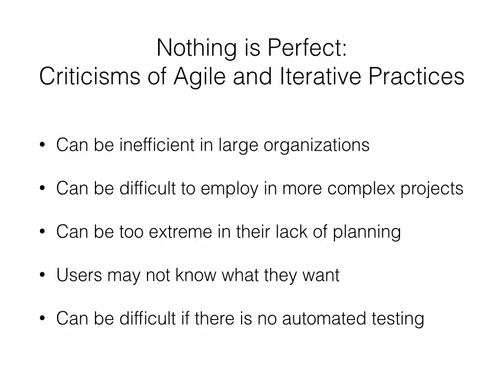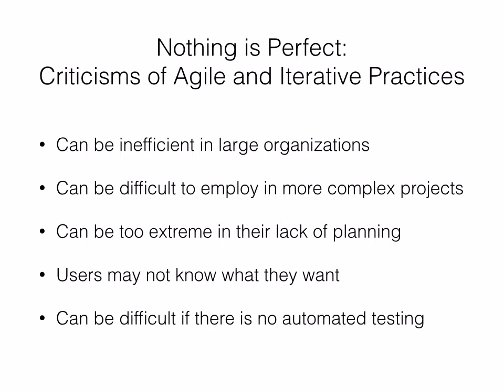So let's move on to the next slide and talk about criticisms, as we've alluded to in the past slide. Nothing is perfect, right? There are a lot of criticisms of agile and iterative practices, even if it does represent an evolution from waterfall, which many people commonly agree is a rather flawed practice. Some of the criticisms are that agile can be inefficient in large organizations. It can also be very difficult to employ agile practices in more complex projects. It can be too extreme in the lack of planning.